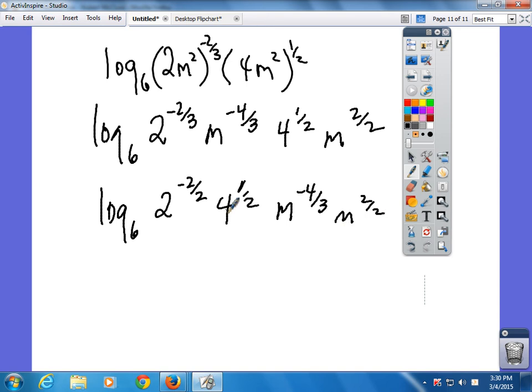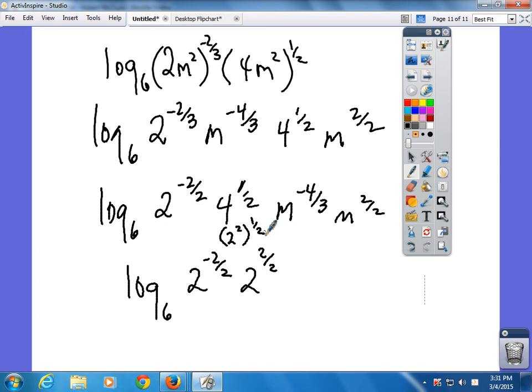This can be written as 2 to the 2nd power, and we could add those two if you wanted to do it that way. I don't care how you do it. There's several different ways you can do this. So I'm going to write log base 6 of 2 to the negative 2 halves, 2 to the what? 2 halves, because what is 4? 2 to the second power raised to the 1/2, and what's 1/2 times 2? 2 over 2, right?